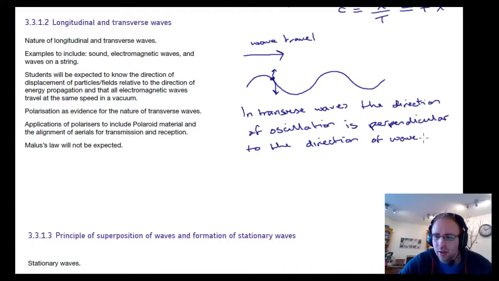So you can say wave propagation, or wave travel, or energy transfer. So essentially waves transfer energy and information. So the direction of wave travel is the direction of energy transfer.